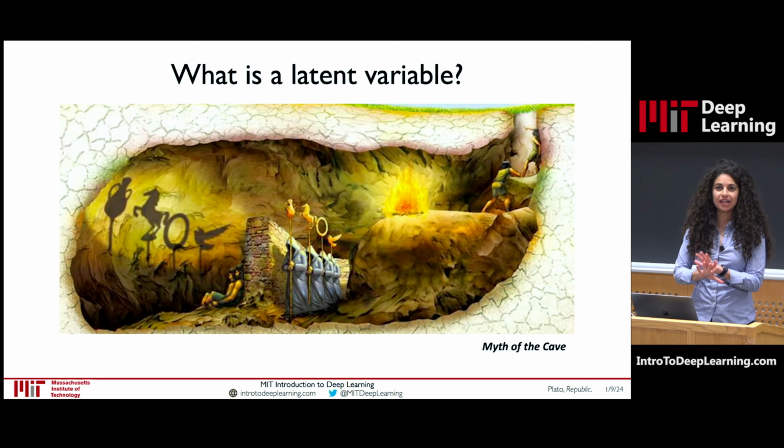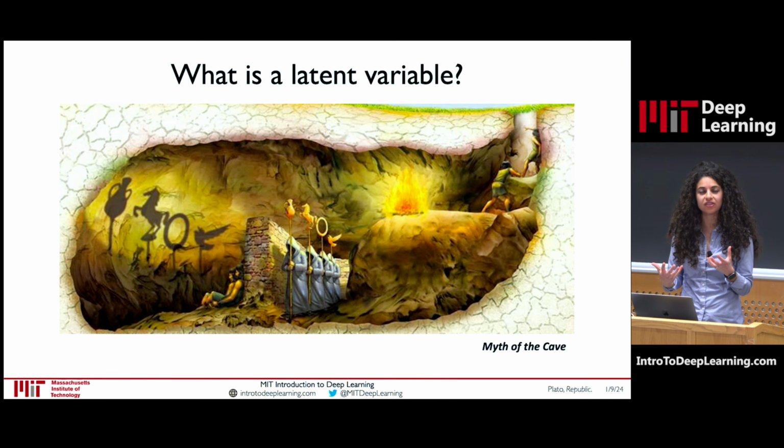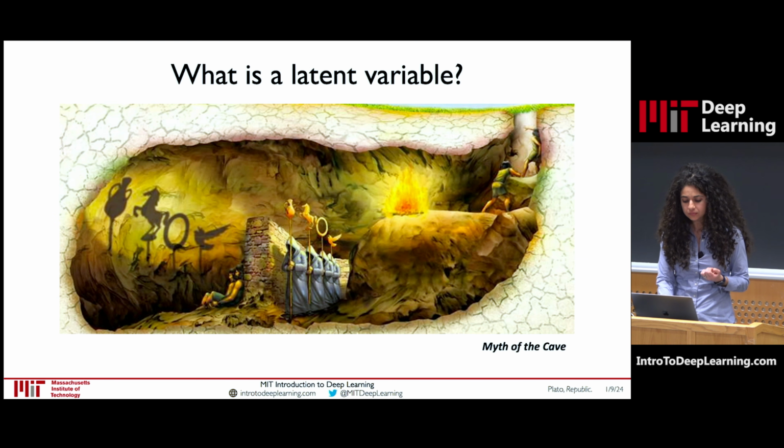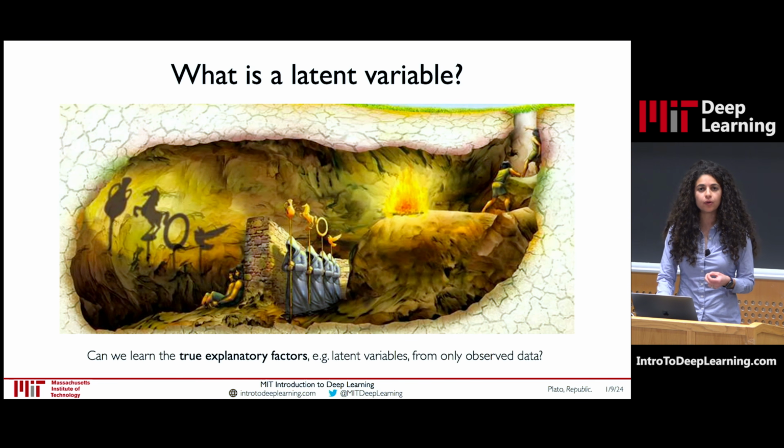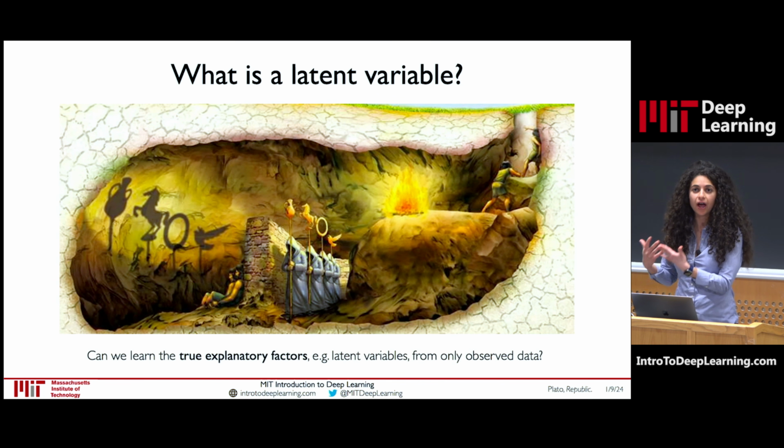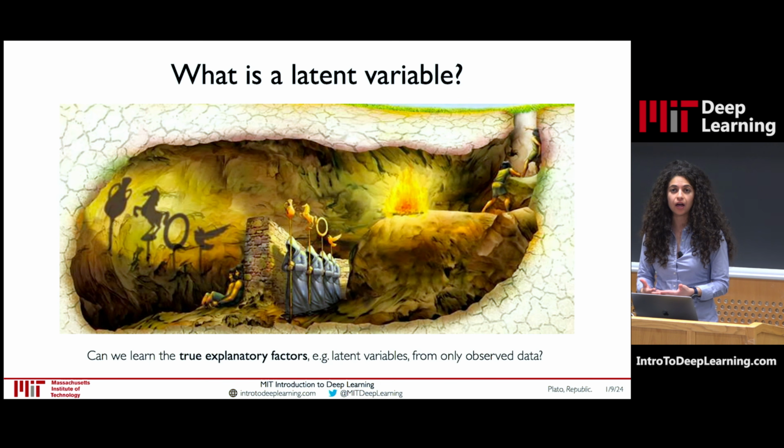And of course, this is an analogy, but it gets at this intuition that latent variables are these underlying elements of structure to data that are the factors that are driving what it is that we're measuring and what it is that we're observing. And so our goal with generative models and latent variable models is to try to learn in an automated way something about a distribution that hopefully captures these underlying drivers or factors that are resulting in the observed data that we see.